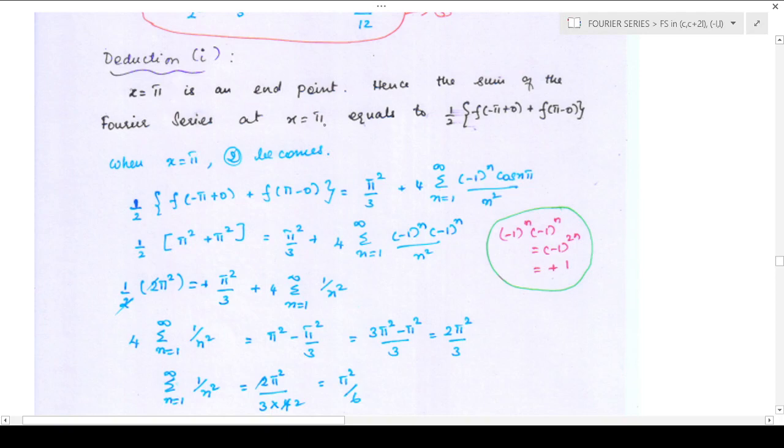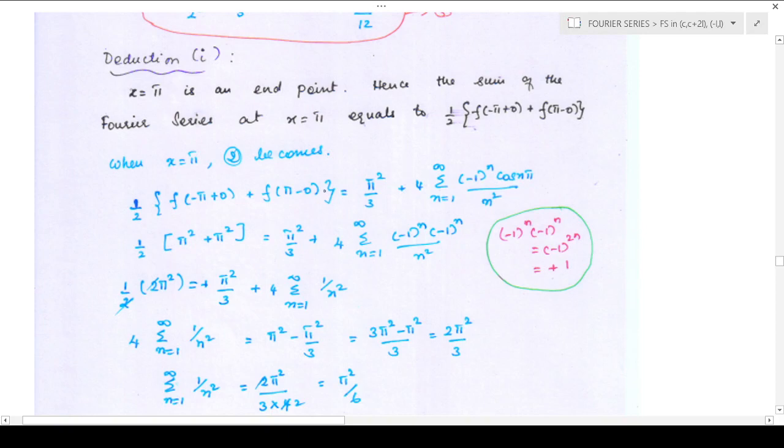So the sum of the Fourier series at x equal to pi is equal to 1 by 2 of f of minus pi plus 0 plus f of pi minus 0. So you are substituting in the left side at x equal to pi in equation 2, and simplifying.